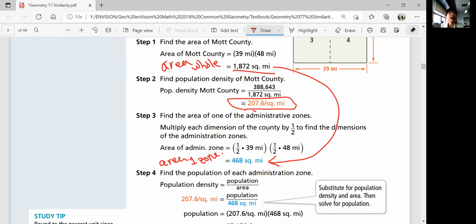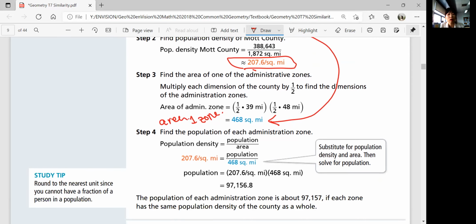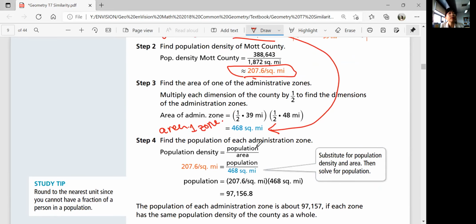So using that, population density is the population divided by area. So you want to find the population for one zone. And that's 97,156.8.